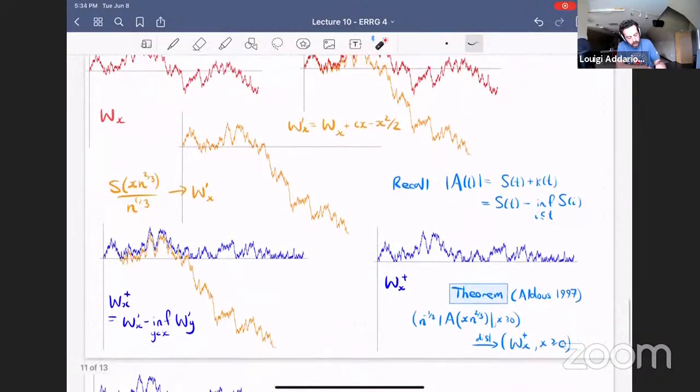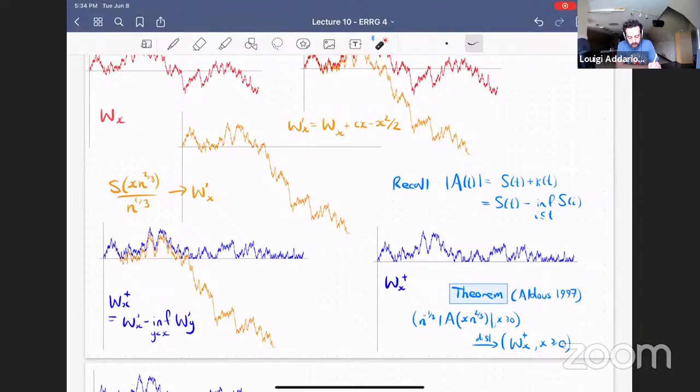And that's this blue drawing here in the limit. So W plus, I'm calling it, is W prime minus its running minimum, and that gives you a process that looks like this. The heuristic is that the excursions of this process away from 0 should correspond to the component sizes in the random graph.